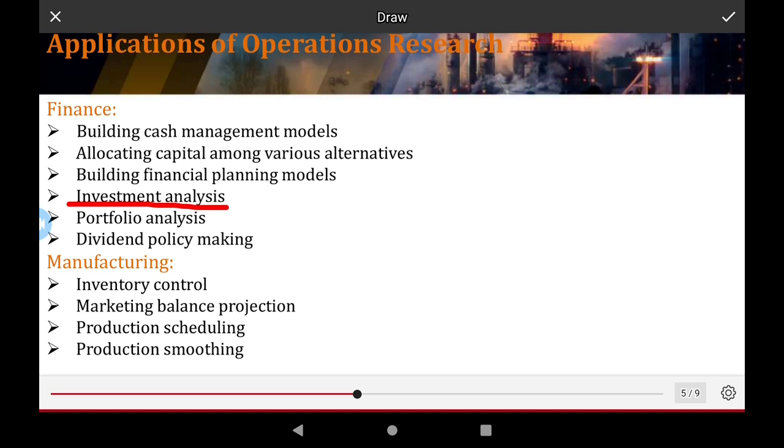And portfolio analysis, I discuss this topic not in detail, okay. I have no knowledge of these finance systems.